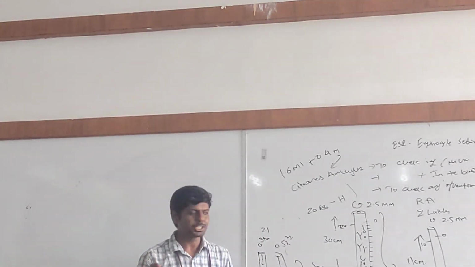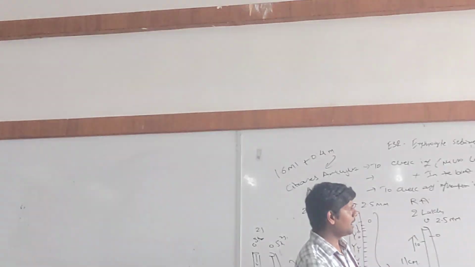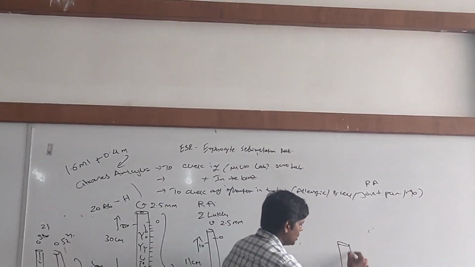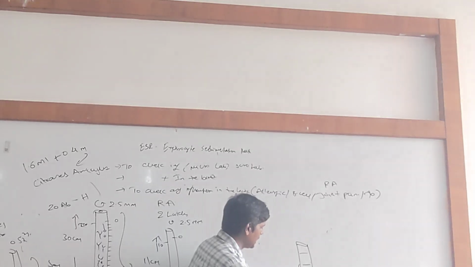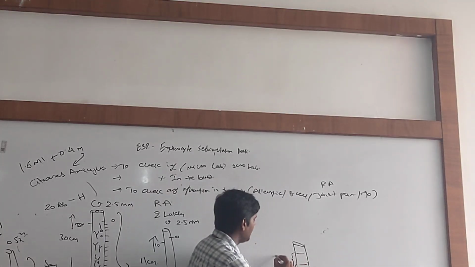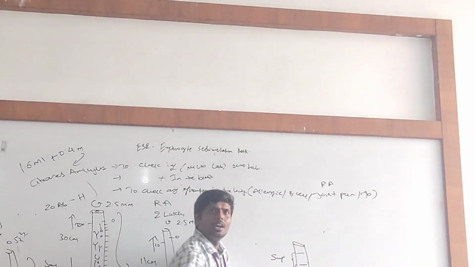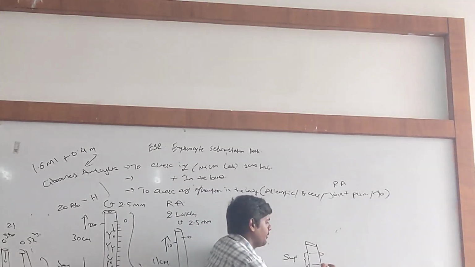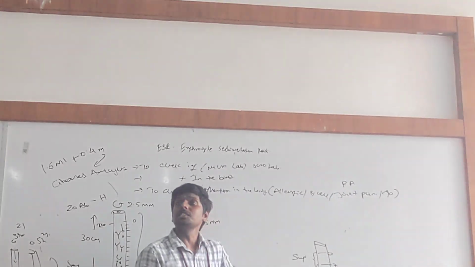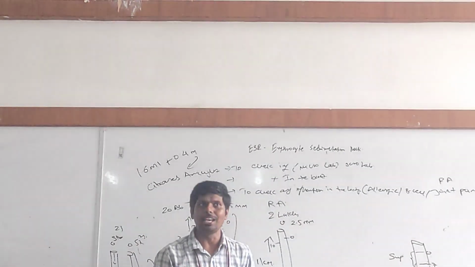Pay attention. After 1 hour, let me assume, the red blood cells are sedimented. This is the sedimented red blood cells, and here I got a supernatant. The length of the supernatant is the value, 0 to 7. That is how we are taking the ESR values.